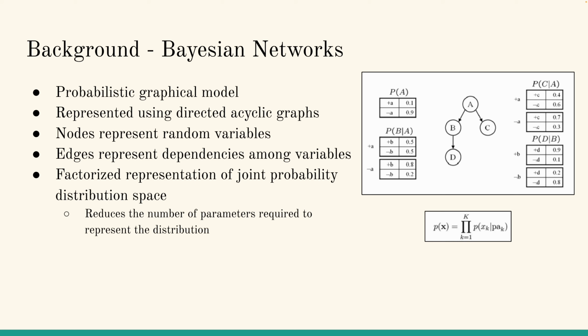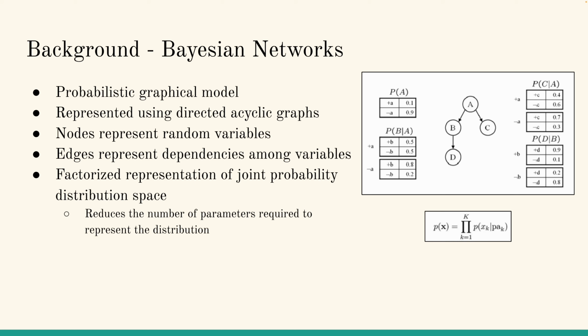In the image on the right, we can see a simple Bayesian network comprised of 4 random variables, A, B, C, and D, and we can see the dependencies defined by looking at the edges between these variables. In particular, we would say that B is dependent on its parent node A.